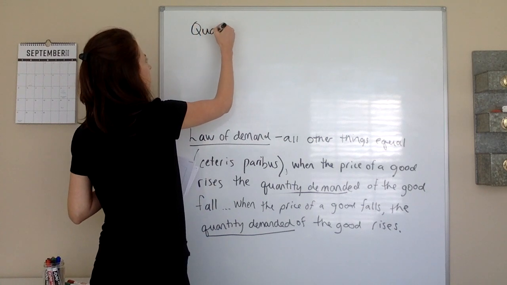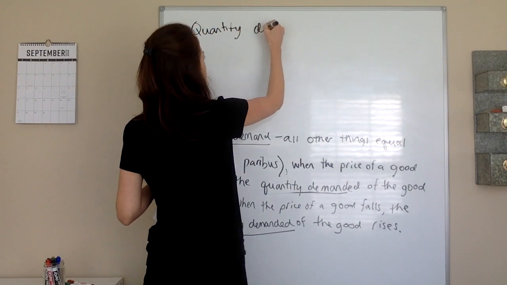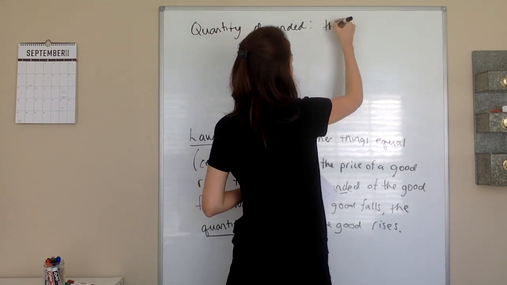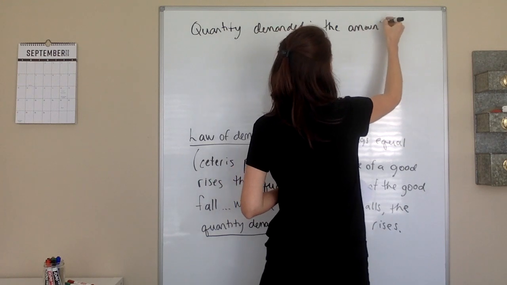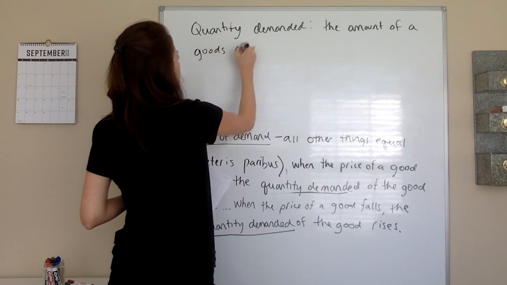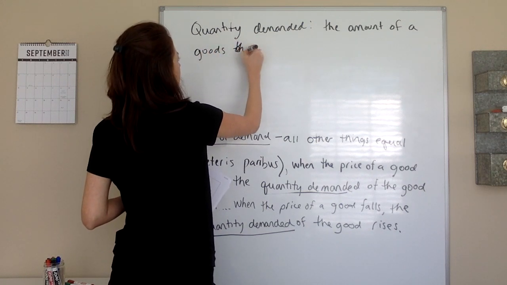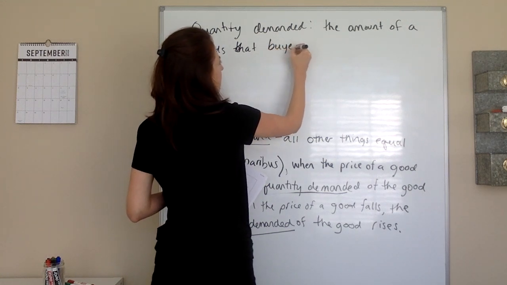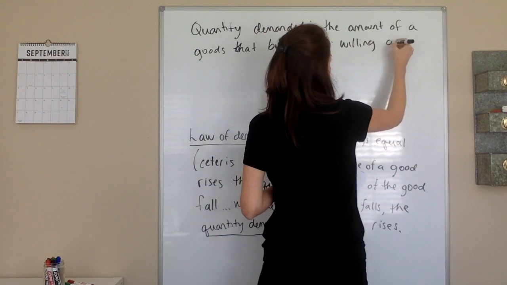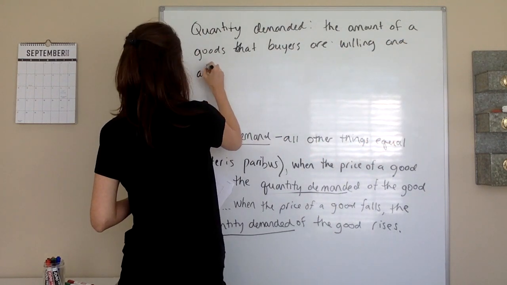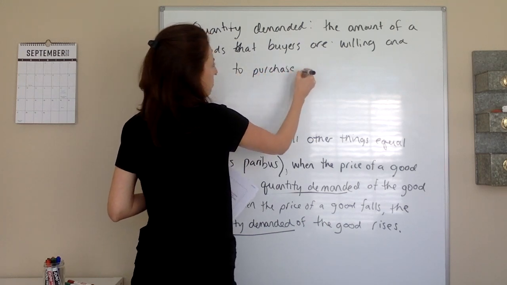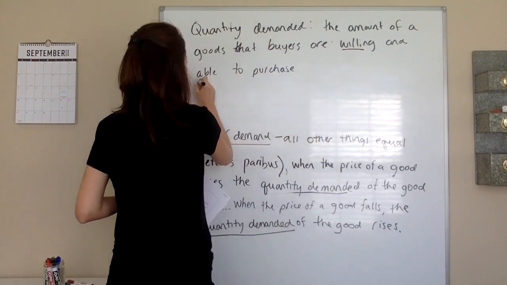Quantity demanded is the amount of a good that buyers are willing and able to purchase. So the two important components of this are willing and able.